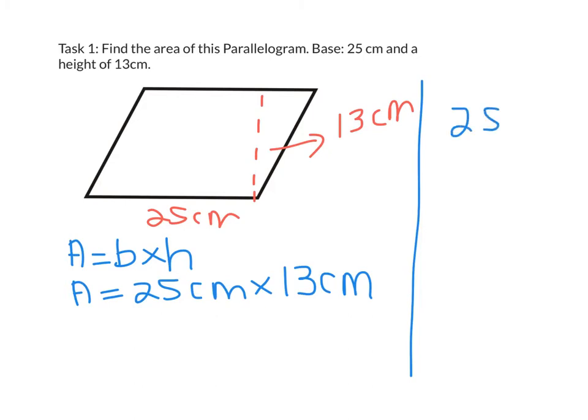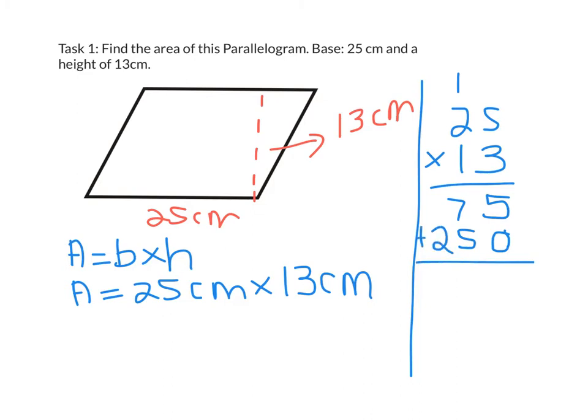So 25 times 13: 5 times 3 is 15, so my 5 stays there, my 1 gets carried over. 3 times 2 is 6, plus 1 is 7. I can put a 0 or an x here. 5 times 1 is 5. 2 times 1 is 2. Then I add those together. 5 plus 0 is 5. 7 plus 5 is 12. Carry the 1 over. And 1 plus 2 is 3.